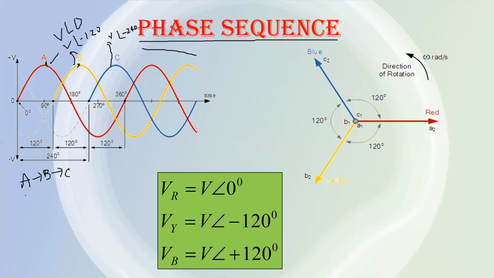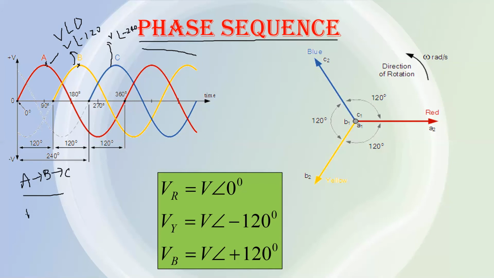If the phase sequence is ABC, it means the maximum value of phase voltage of phase A will be attained first, then B, and then C. The maximum value of A will reach first, then the maximum value of B, and then the maximum value of phase C.